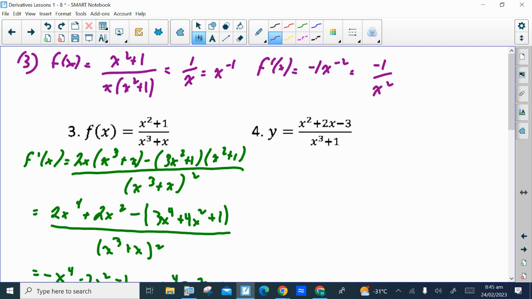So the moral of the story is, look at the expression. You should be able to look at that denominator, realize that there's a common factor of x there. Realize that if you take it out, you're going to be left with x squared plus 1, which is the same as the top. Right? And so this also only works because the denominator works out to be just x, which is x to the -1.